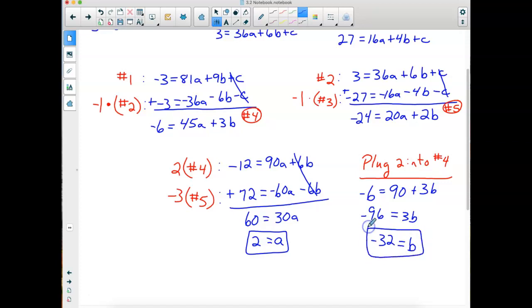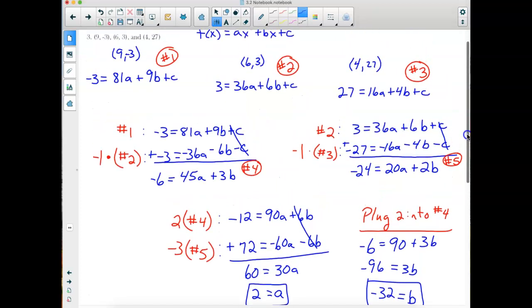Now I have B. Now that I have A and B, I have to take both of those and come back to any one of the original equations that is the easiest to use. To me, it really doesn't matter. A is going to multiply by 2, so I'm going to pick my smallest numbers, which are in number 3.